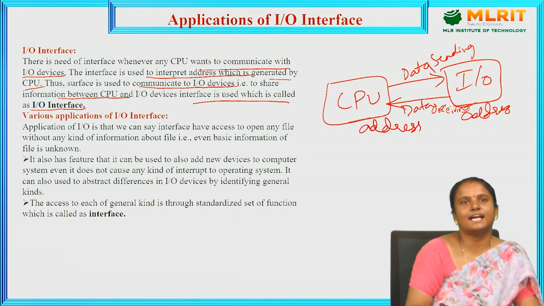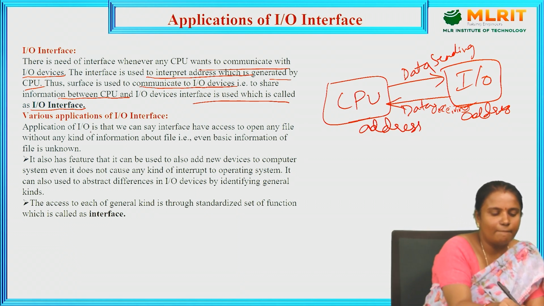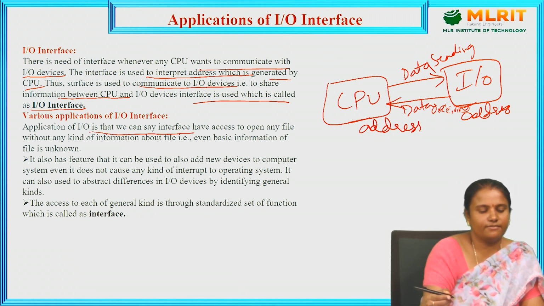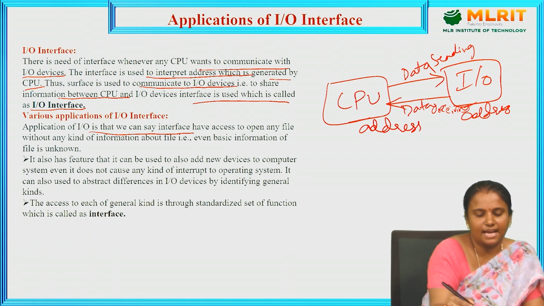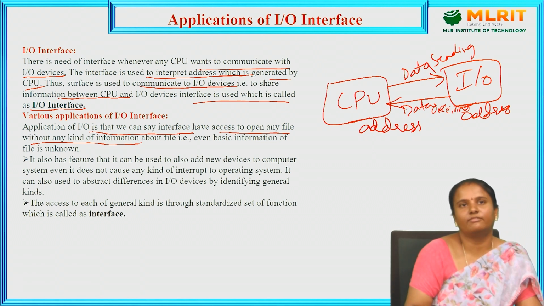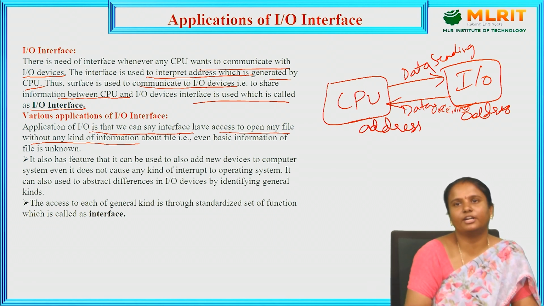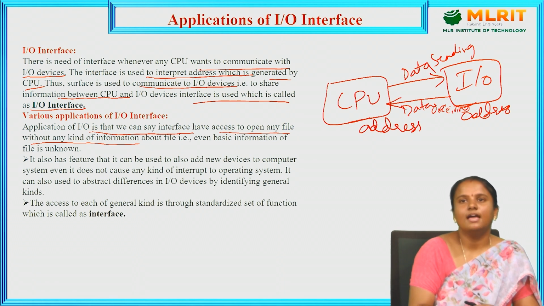What are the various applications of input-output interfaces? The interface can open any file without any prior information about that file. Whenever you are opening a file, it may be an image file, a video file, an audio file, or a text file.